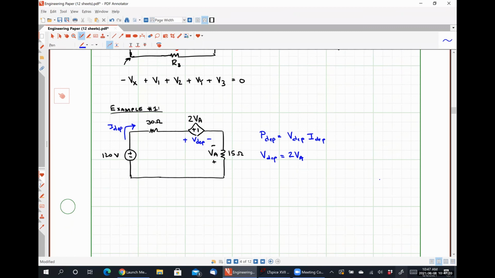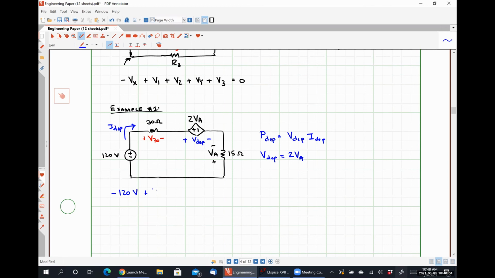Okay, so I'm going to start in the bottom left-hand corner, and follow my current around the loop. So I see negative 120 volts plus, it's the only really unknown voltage that I have, so I'm going to call this guy V30, positive polarity on the left, negative polarity on the right.